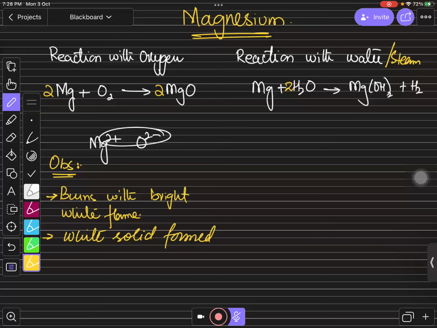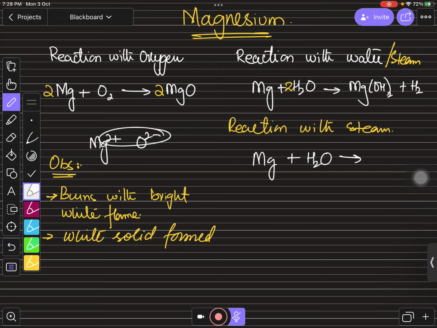For example, आप ये reaction ले रहे हैं steam के साथ, तो क्या होगा? If you are doing a reaction with steam, यहाँ पर आपके पास सोडियम हाइड्रोक्साइड नहीं बनेगा, फिर स्टीम के साथ क्या बन जाएगा आपके पास, फिर एक छोटा सा चेंज आएगा, and the small change is that instead of magnesium hydroxide, magnesium oxide बन जाएगा.